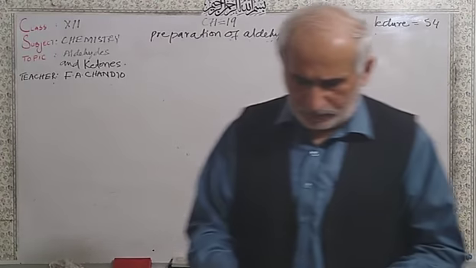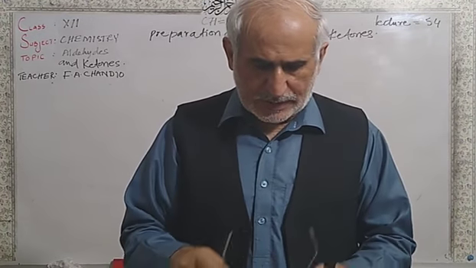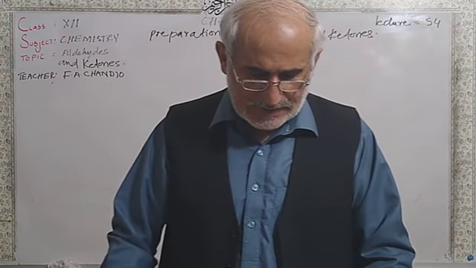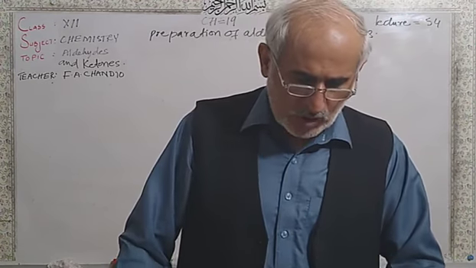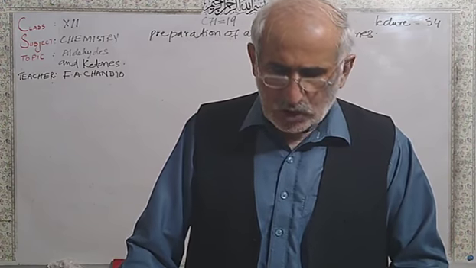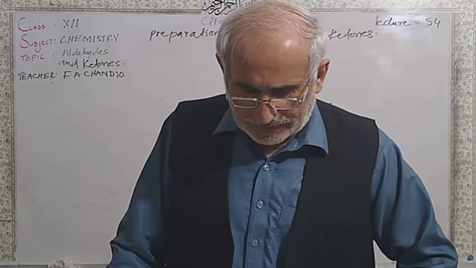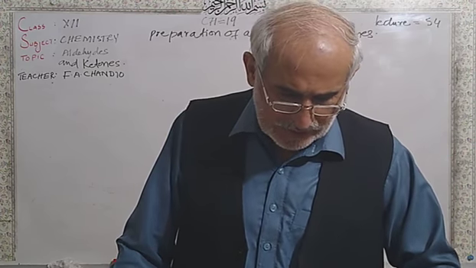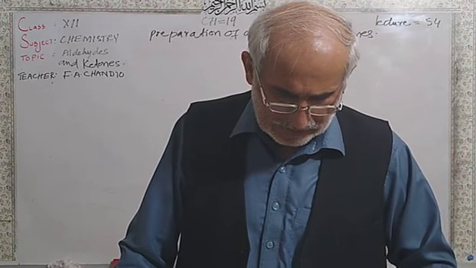Now the second is the hydration of alkynes. An aqueous solution of sulfuric acid and mercury sulfate as a catalyst is used for the preparation of aldehydes or ketones. The vinyl alcohol is the initial product.